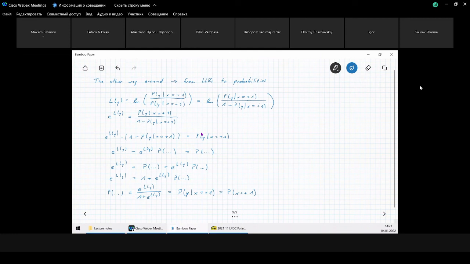Let's combine this here so that we can draw a box around it at the end. So P of x being plus 1 will be e to the power of L of y divided by 1 plus e to the power of L of y.